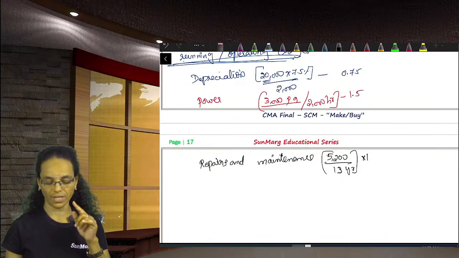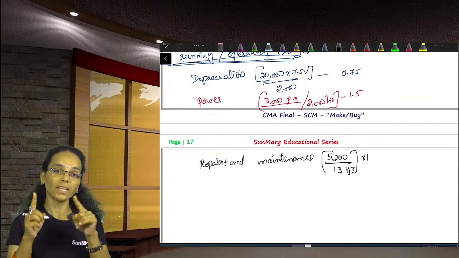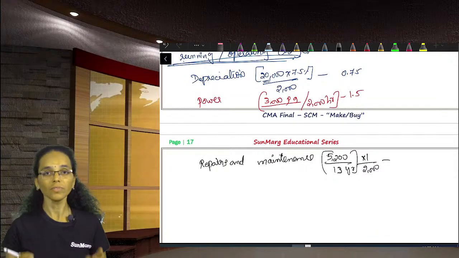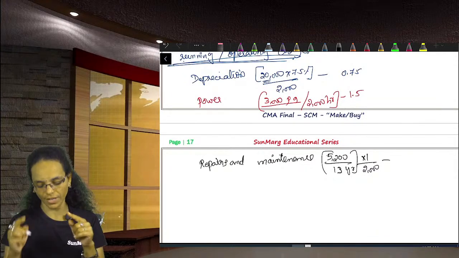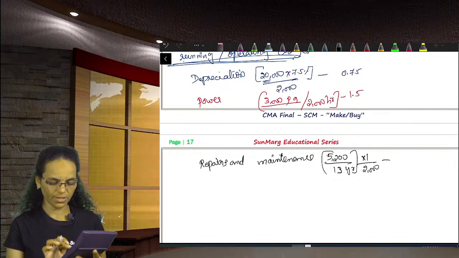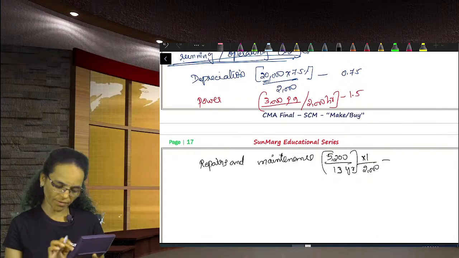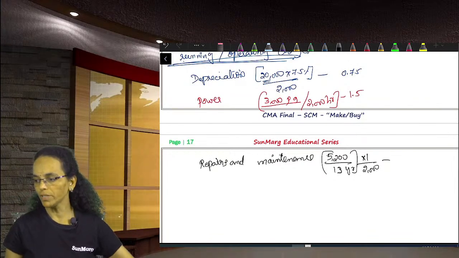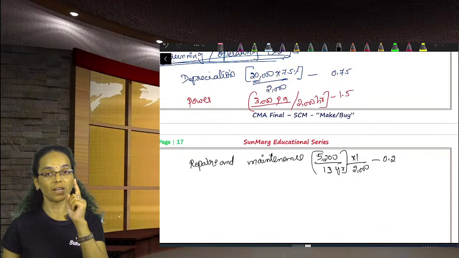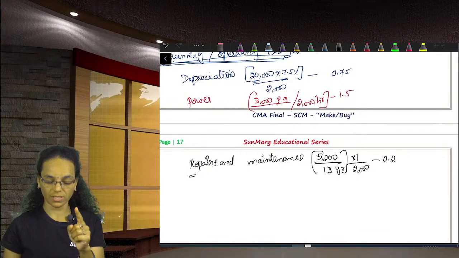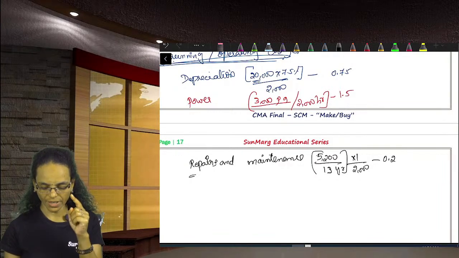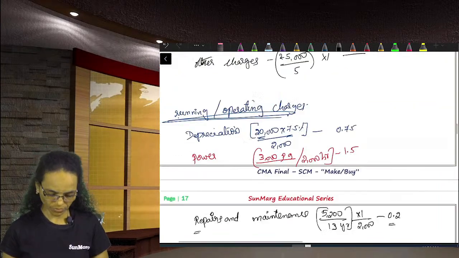So what is it for 1 year? In a year, how many hours are we running the machine? 2000 hours. We are calculating the machine hour rate, right? So 5,200 divided by 13 gives 400, divided by 2000, that is 0.2. 0.2 is the machine hour rate for repairs. It means for 1 hour we are incurring a repair cost of 0.2.